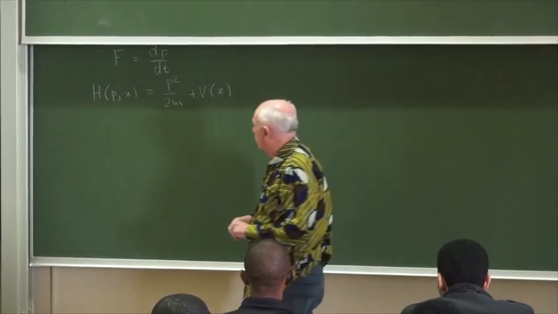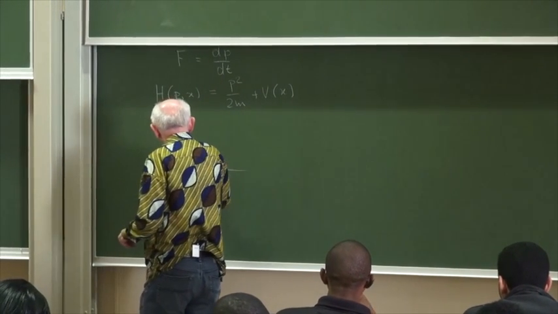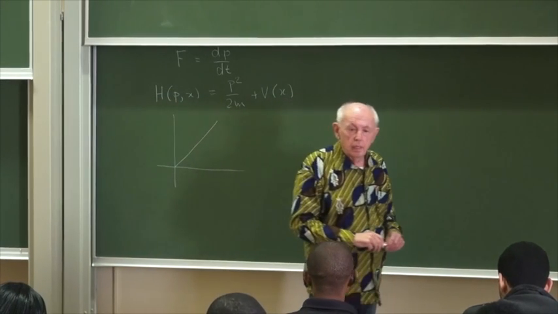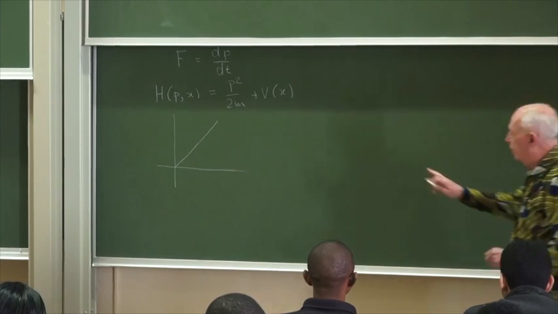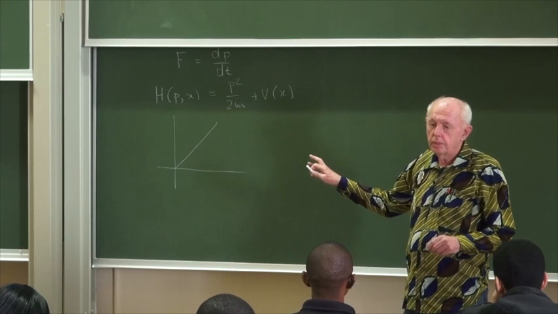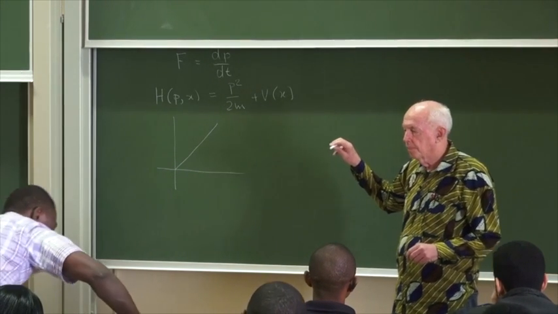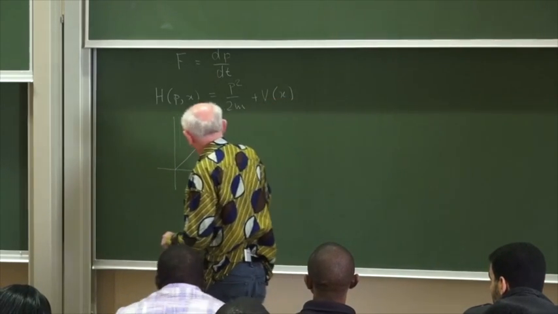The potential we looked at was a potential which goes like a straight line. V of x looks like this. This describes free fall, a body falling.